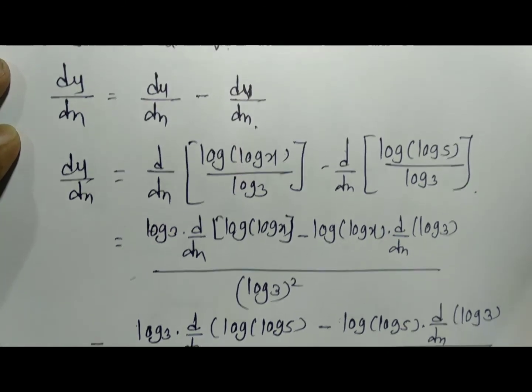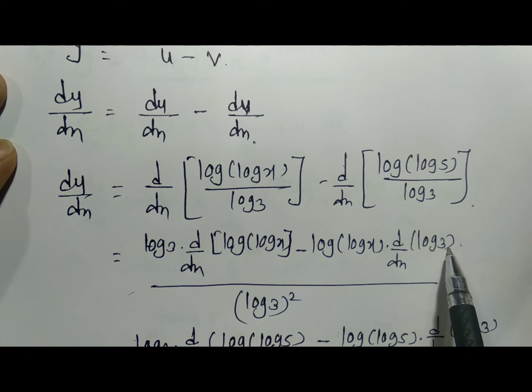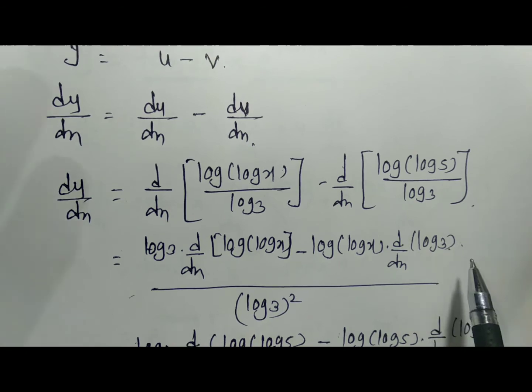And right now we consider the derivative of this log 3. Derivative of this log 3 is 0.